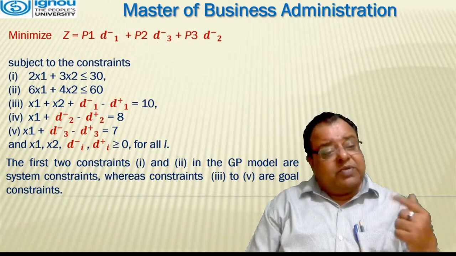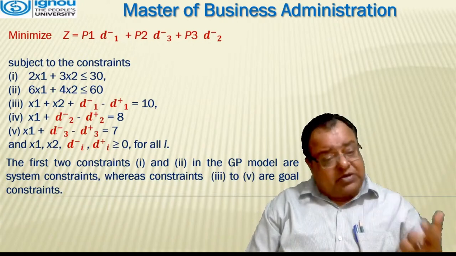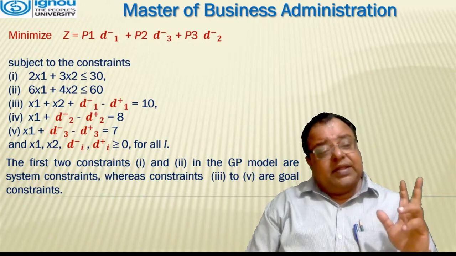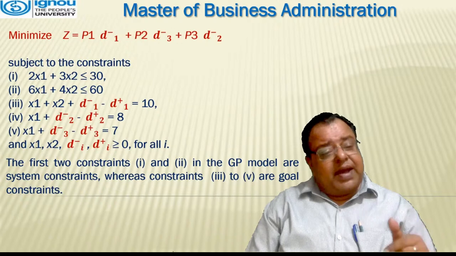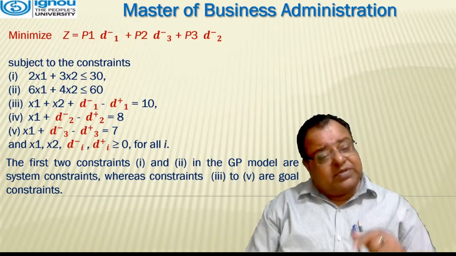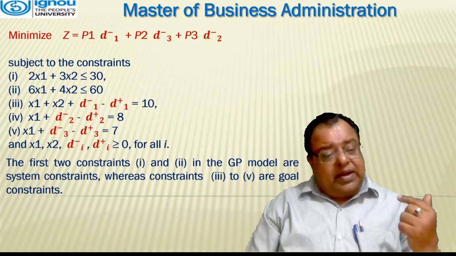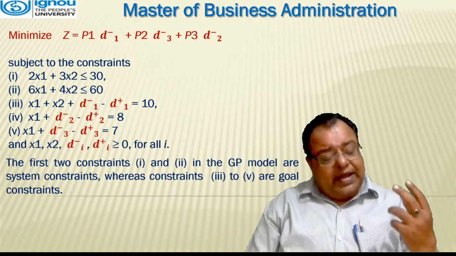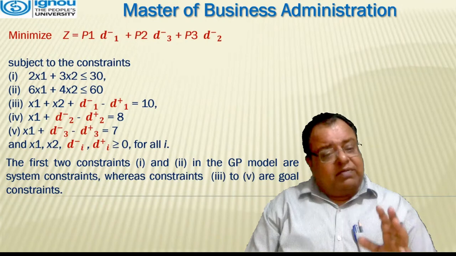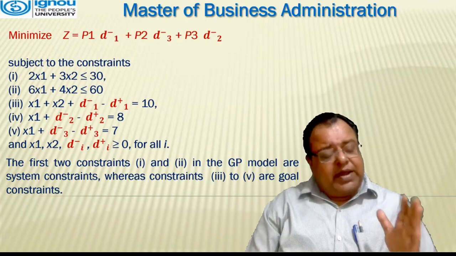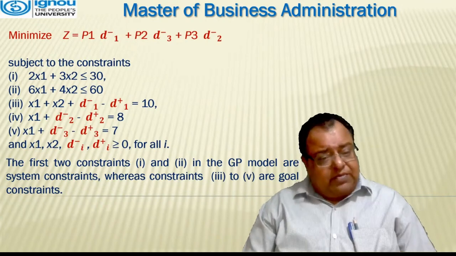The fourth, x1 plus d2 negative minus d2 positive equal to 8. The fifth, x2 plus d3 negative minus d3 positive equal to 7. And all of x1, x2, and the di plus and di minus are greater than or equal to 0.